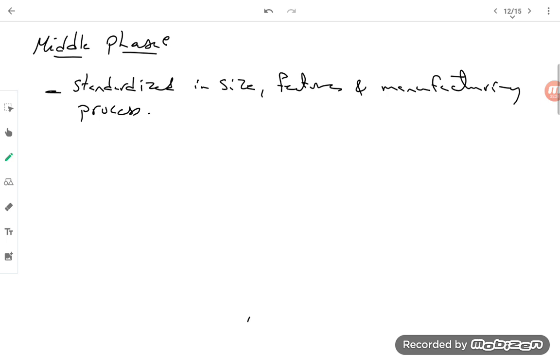In the middle phase, production begins to shift to countries with low labor cost. So during this stage, production shifts to countries with low labor cost.